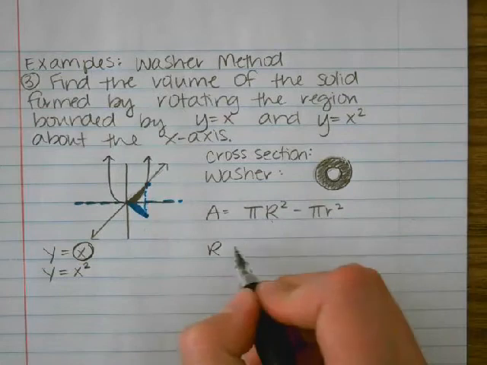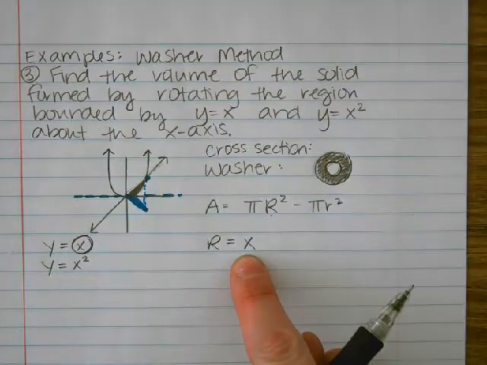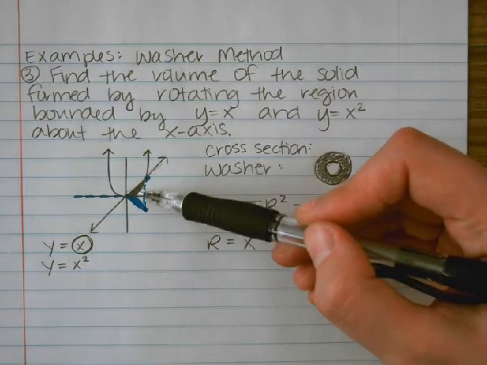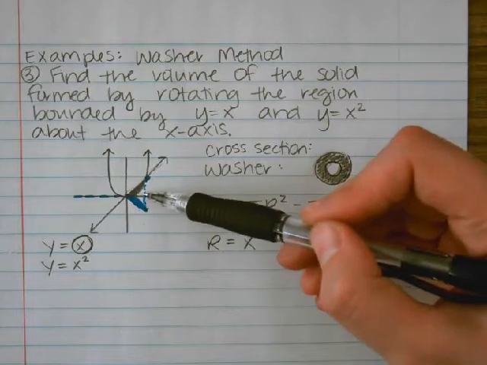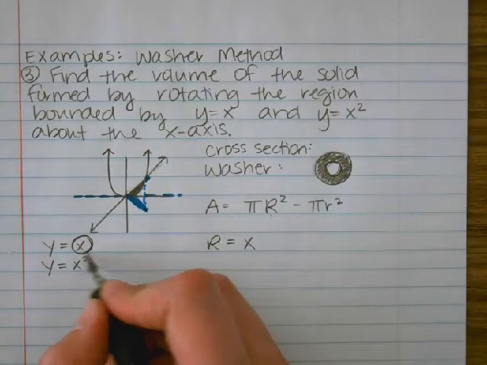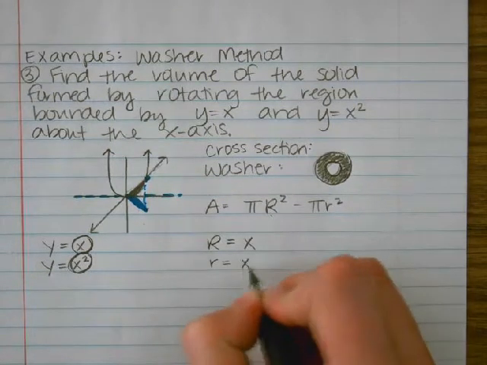So the radius of the big circle is whatever I plug in for x, because that's what gives me the y value. The radius of the little circle is the inside part right here, and that comes from the parabola. Again, the radius is a y coordinate, and I get it from whatever I plug in right here. So the little r is going to be x squared.